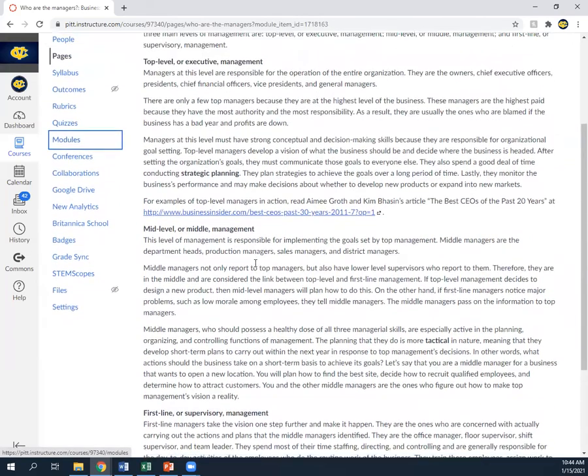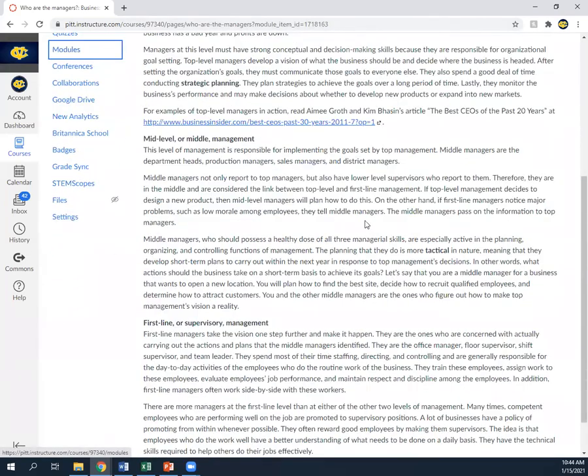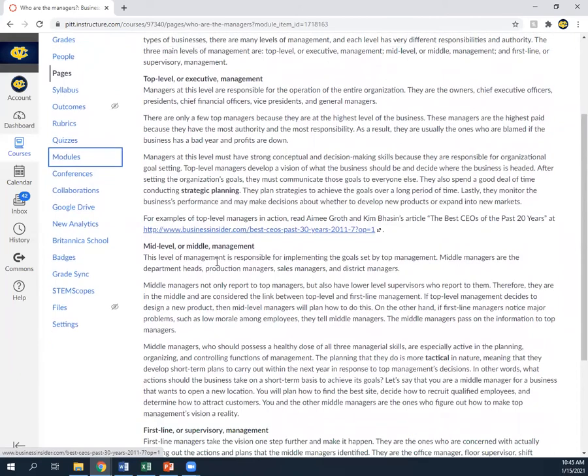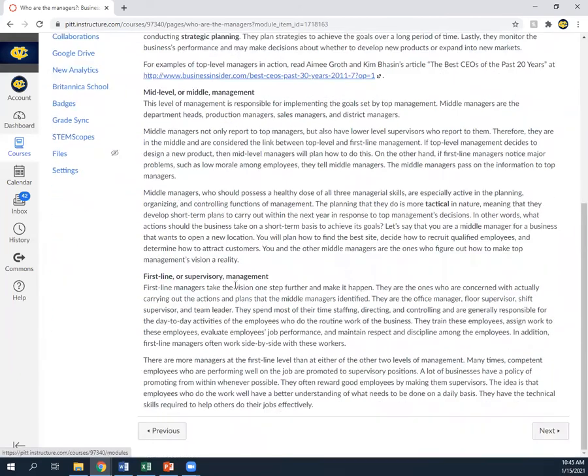But like I said, you might find a mom and pop store that does all three. It just depends. Or they may be an owner and have some ideas and have a person who does both of these jobs. So it just depends. There's no wrong or right way to do it. It's whatever works best for the business.